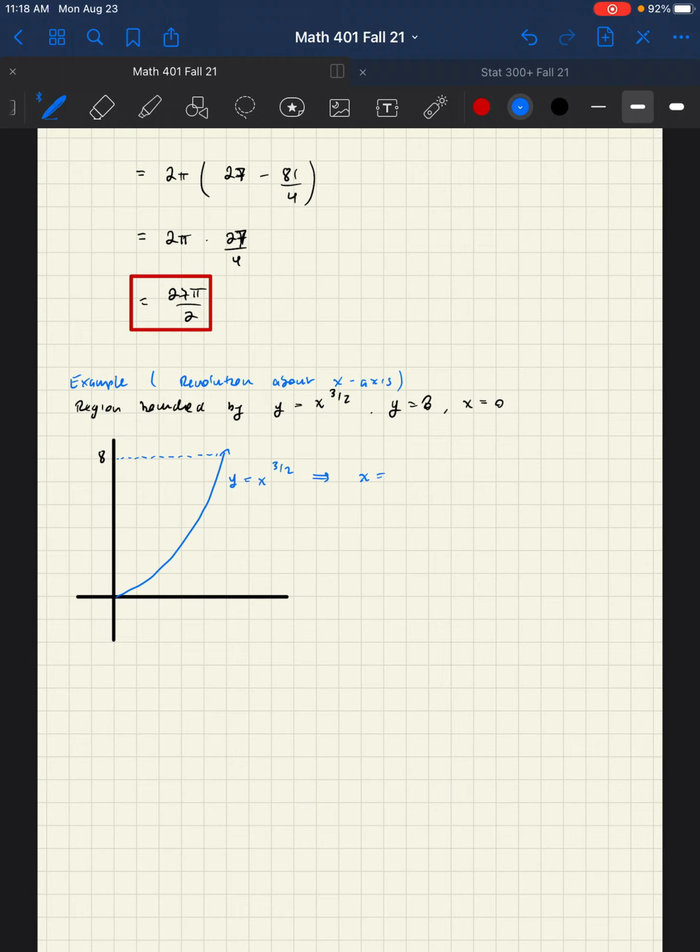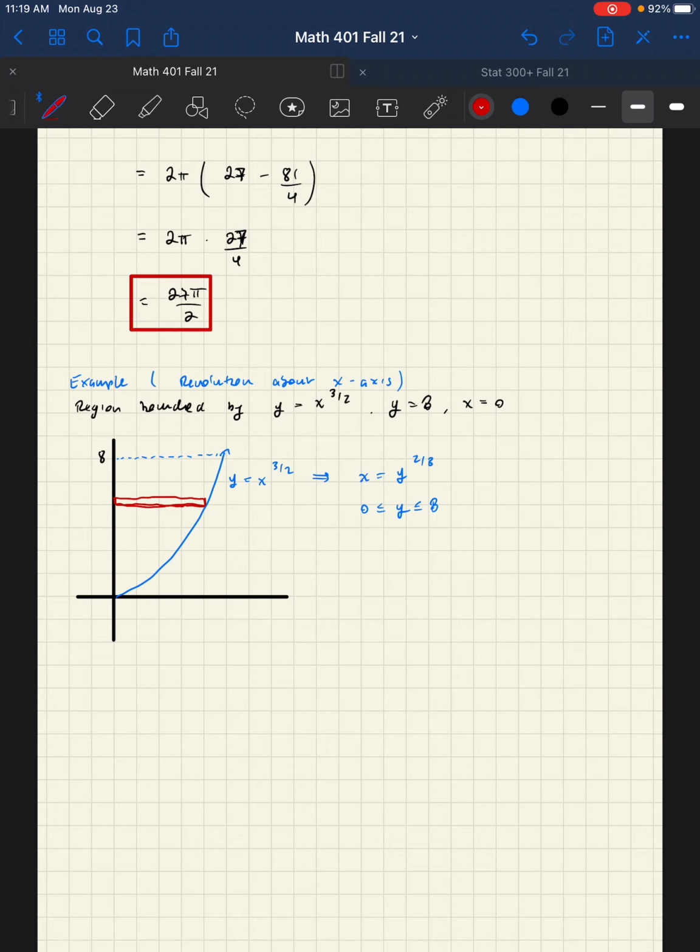So 3 halves gets canceled by 2 thirds, which means that this equation can also be expressed as x equals y to the 2/3. And the bounds are determined by, we know that y ranges between 0 and 8.